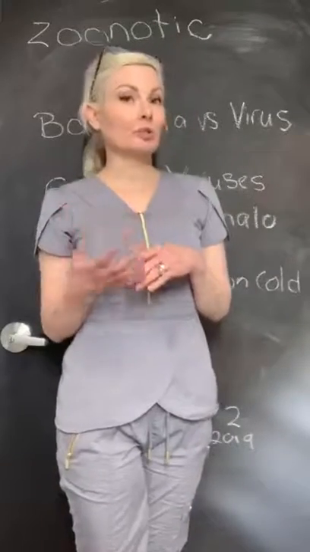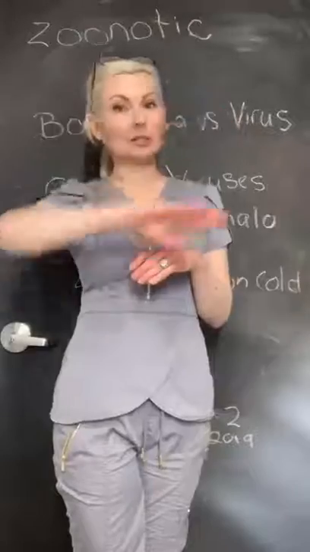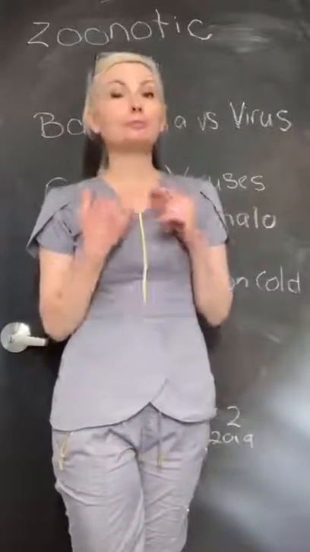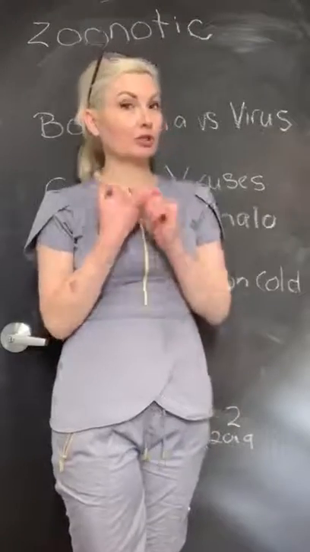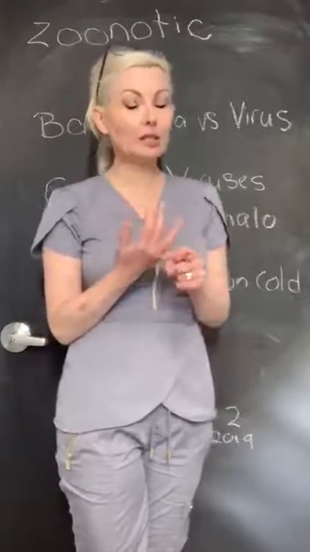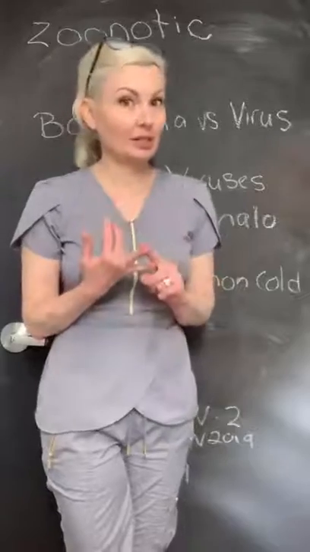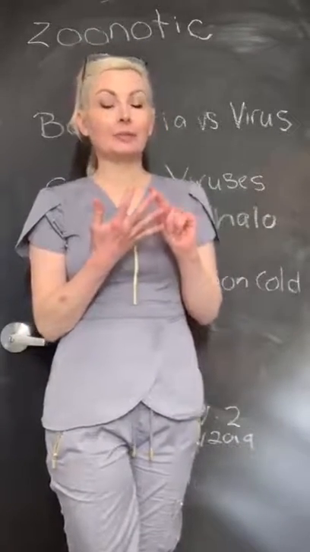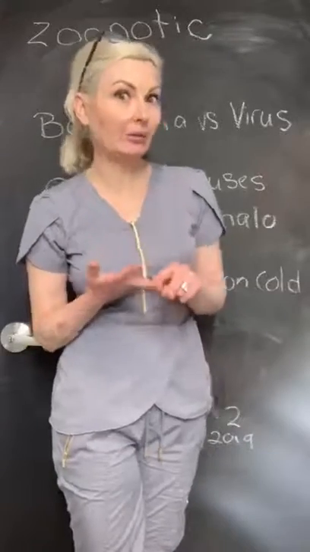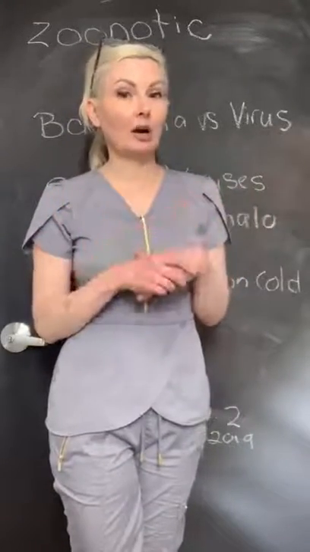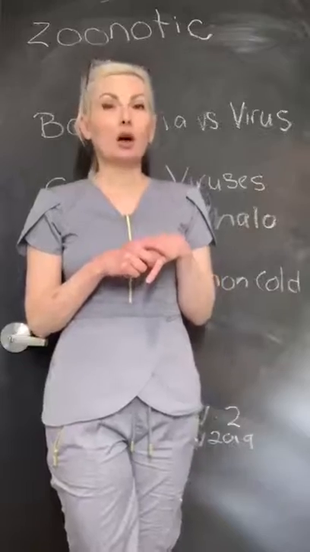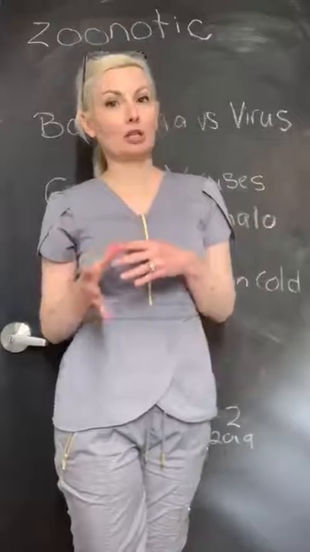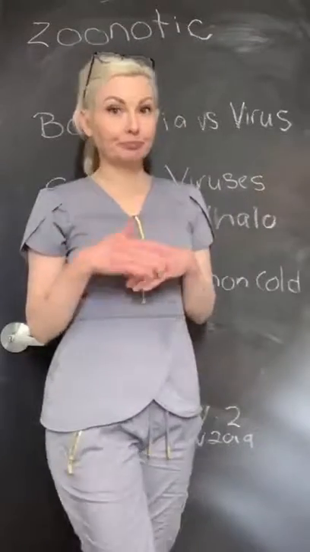Other examples of zoonotic diseases that you would be more familiar with would, for instance, be rabies, which is, of course, transmitted through animal bites, Lyme disease through ticks from deer, the Black Plague, which came from rats and mice. So all of these are zoonotic diseases, diseases that start in animals and are transmitted to humans.